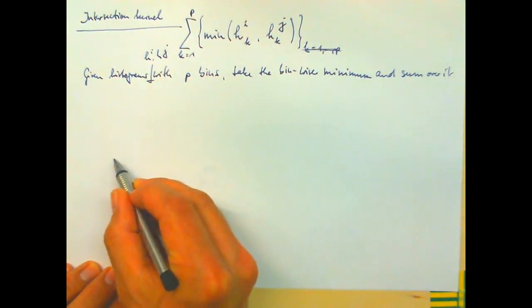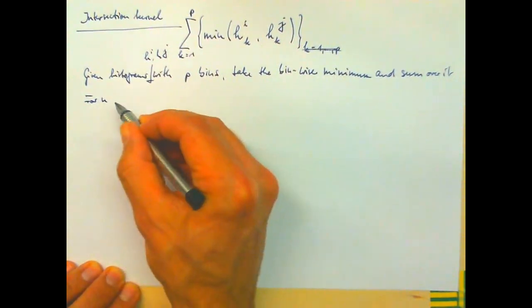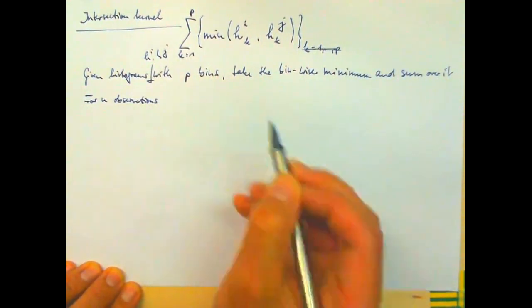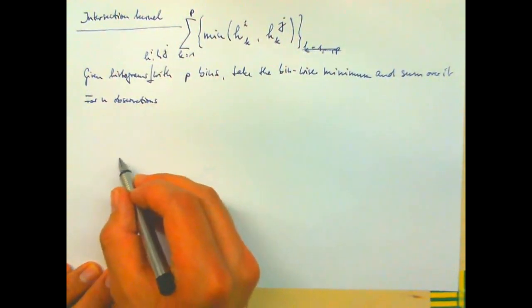If I have a total of n observations, I can construct the following type of representation.